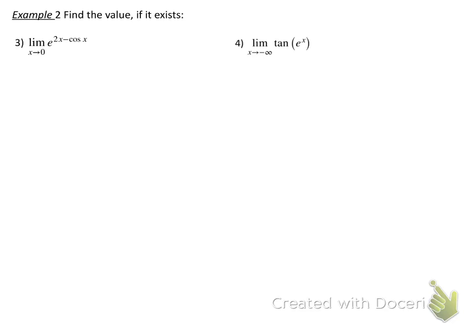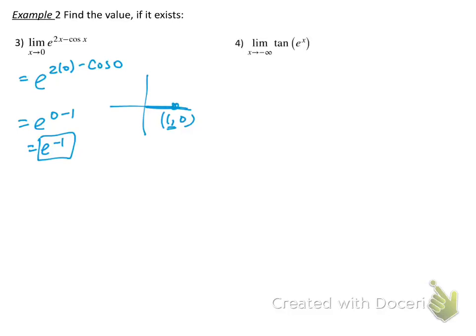But all these functions are defined everywhere. So all you need to do is plug in 0. e to 2 times 0 minus cosine 0. Cosine 0, you are here and you are looking at the x coordinate, so that's 1. We have e to the 0 minus 1, or e to -1.